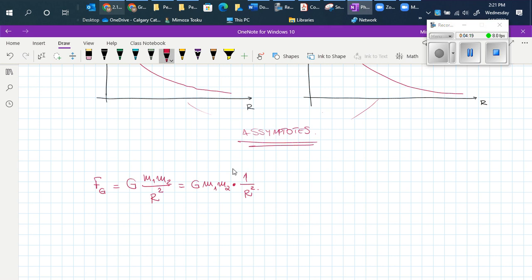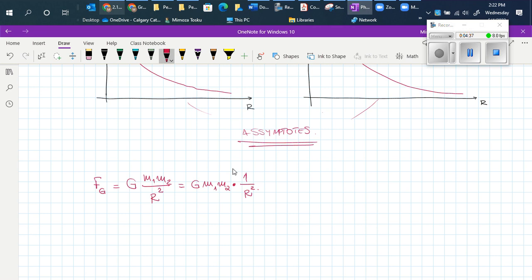Mathematically, I'm not doing anything wrong. When you multiply two fractions, you multiply numerators and multiply denominators, and multiplying anything by 1 is the same thing.